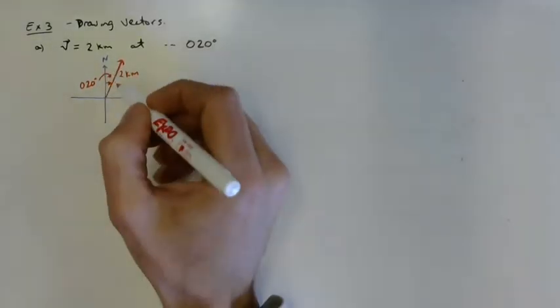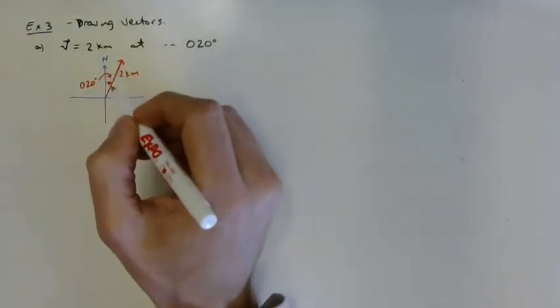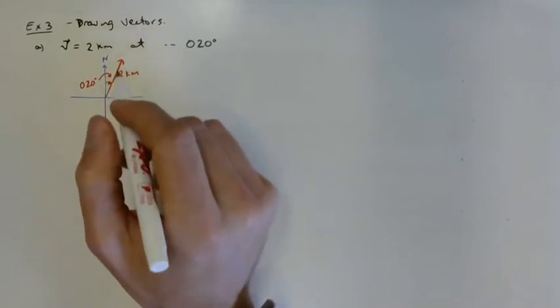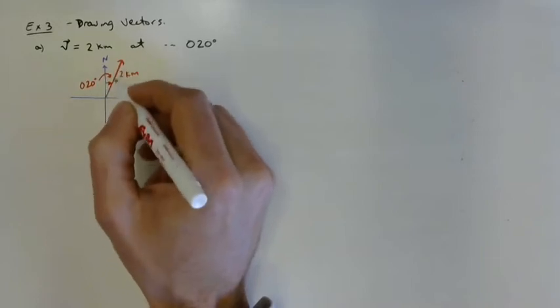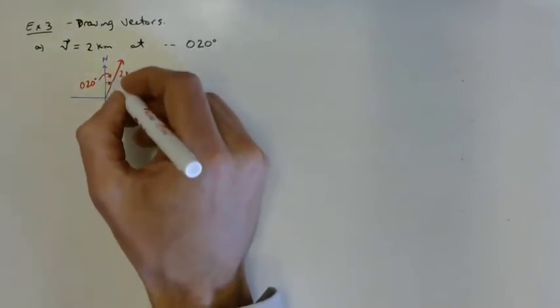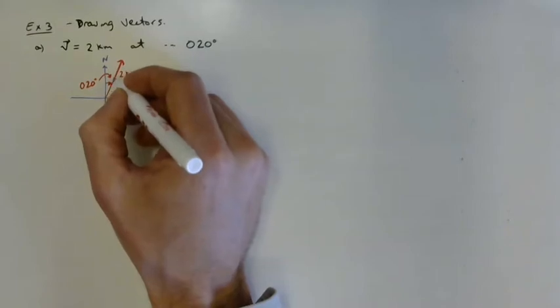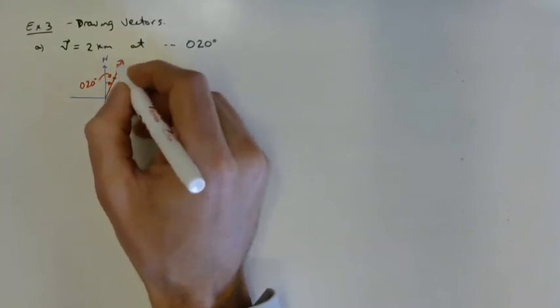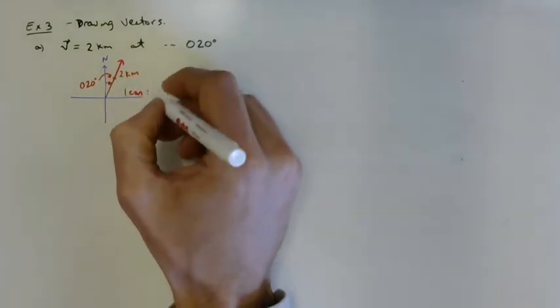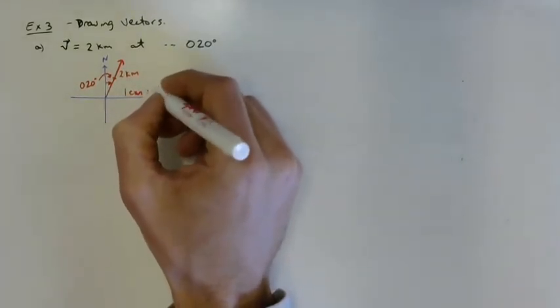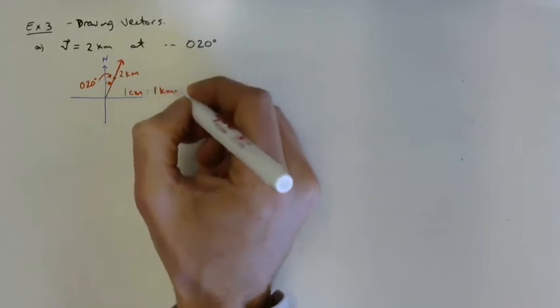And one thing they put in here is also a scale, like a conversion from length on my paper to the 2 kilometers. So we'll say I did this in centimeters, and this is 1 centimeter, 2 centimeters. So they actually want us to say 1 centimeter is 1 kilometer in real life.